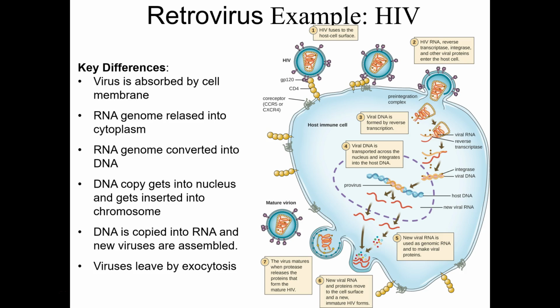And it does that because it needs that DNA genome to force into your DNA chromosome. So this is an RNA virus that turns itself back into DNA just so it can become a prophage. And now you are stuck with HIV in your helper T cells and you're not getting rid of it.